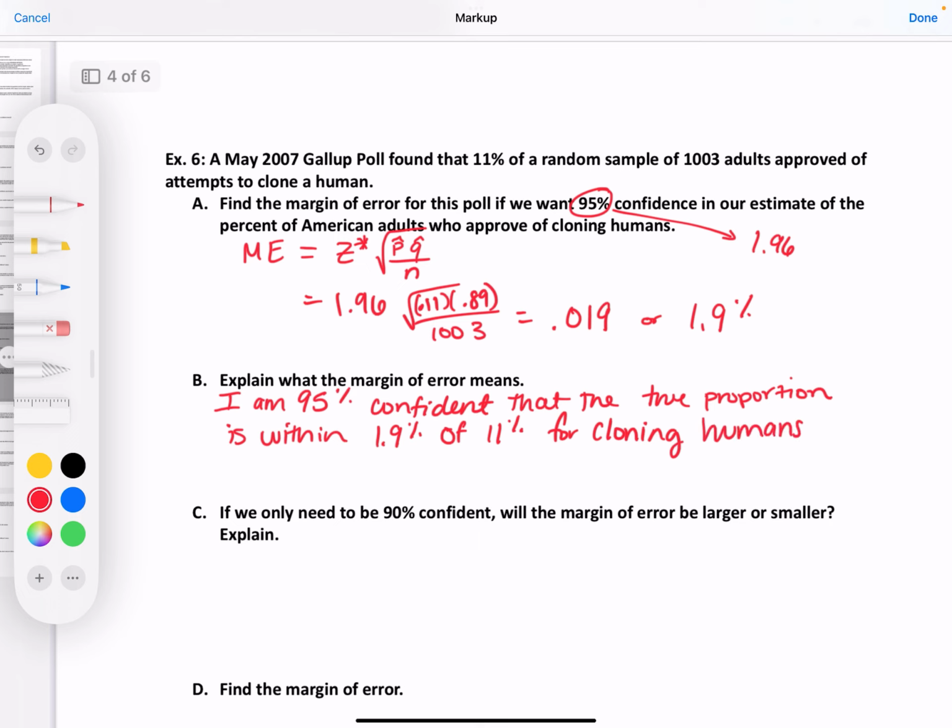So the margin of error tells us how close it's going to be to the percentage that we're given to start with, for a certain confidence level.